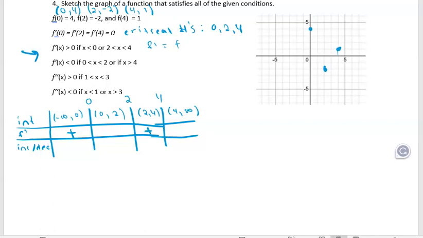So these two intervals have our positive first derivative. Look at the next line. The first derivative, f prime of x, is less than 0. Well, that's telling us the first derivative is negative if x is between 0 and 2, or x is greater than 4. That's telling us our signs. And now we can do our increase, decrease, increase, decrease.